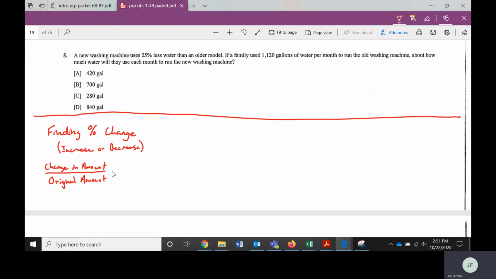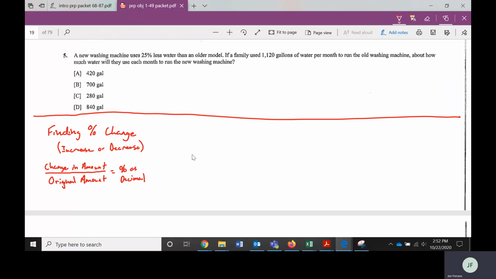And that'll give you the percent change as a decimal. Then you just convert it. So when you do this, that's the in general type thing. So let's do a few problems that deal with that type of question.